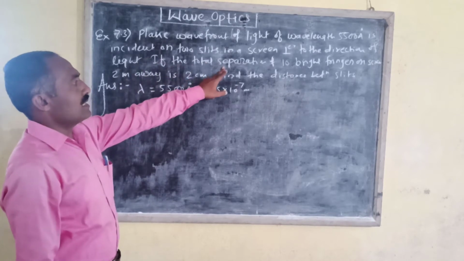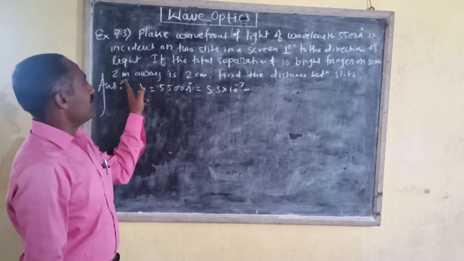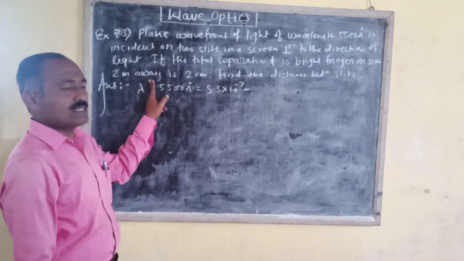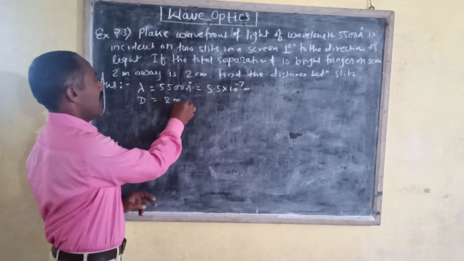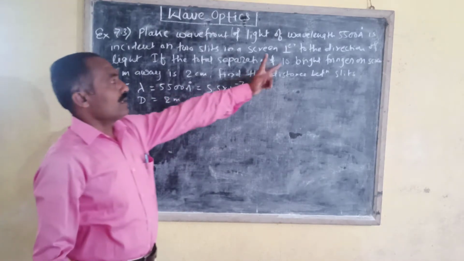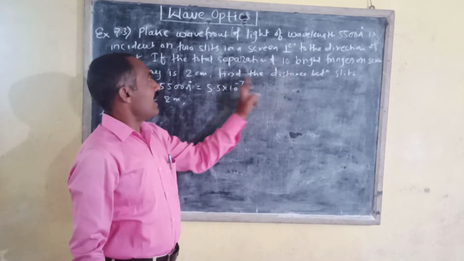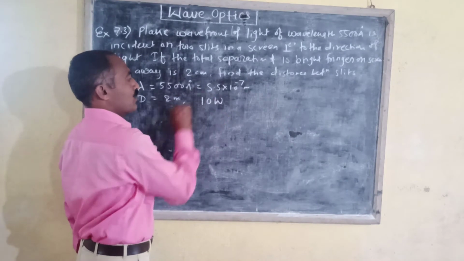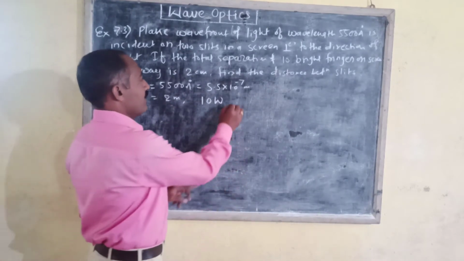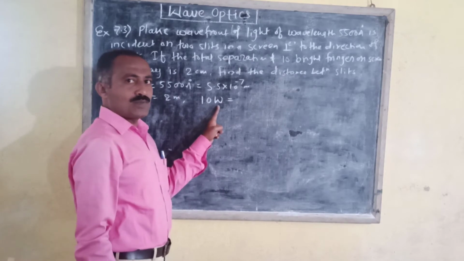If the total separation of 10 fringes on a screen 2 meters away, that means the distance capital D is equal to 2 meters, and the distance of 10 fringes is given as 2 centimeters, that means the width 10W is equal to 10x, or 10W, that is the width of a single fringe.